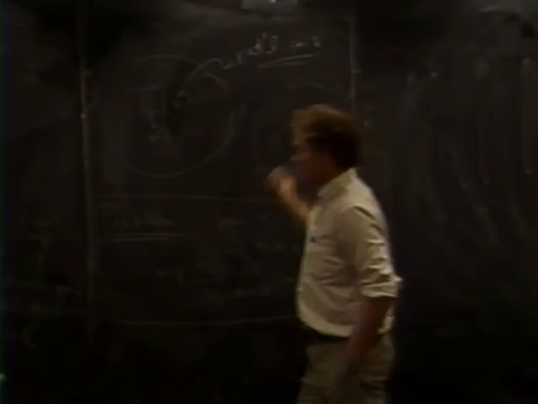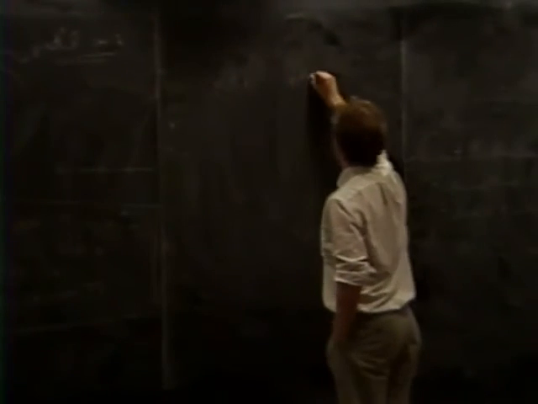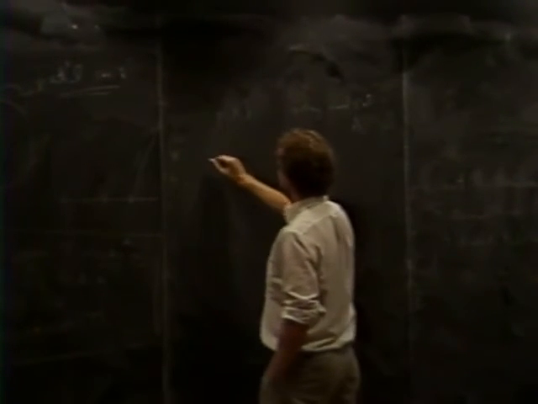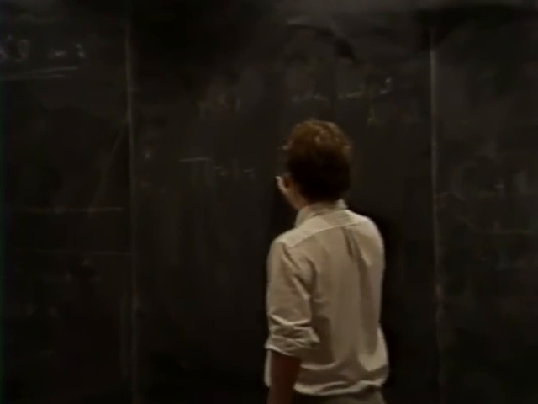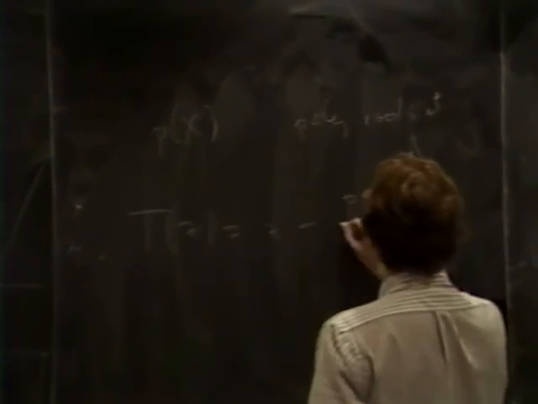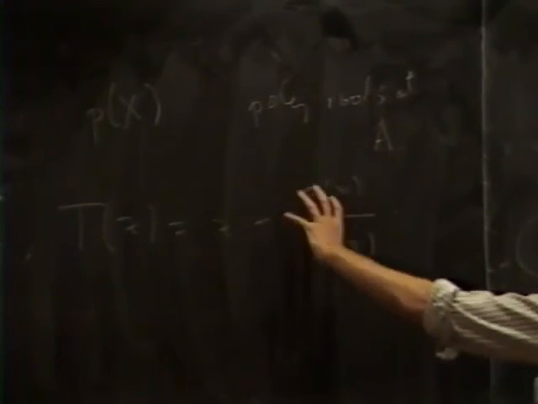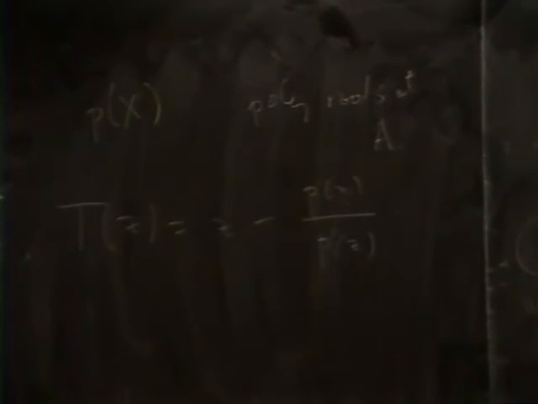Now, this indicates, incidentally, a possible way of going about trying to solve this. Let me mention that possibility. You write down P of x, the polynomial with roots at a, and then you apply Newton's method to this polynomial. What does Newton's method do? It's the transformation T of z equals z minus P of z over P prime of z. So it's basically the identity and then a correction term which is meant to move you closer to the root.